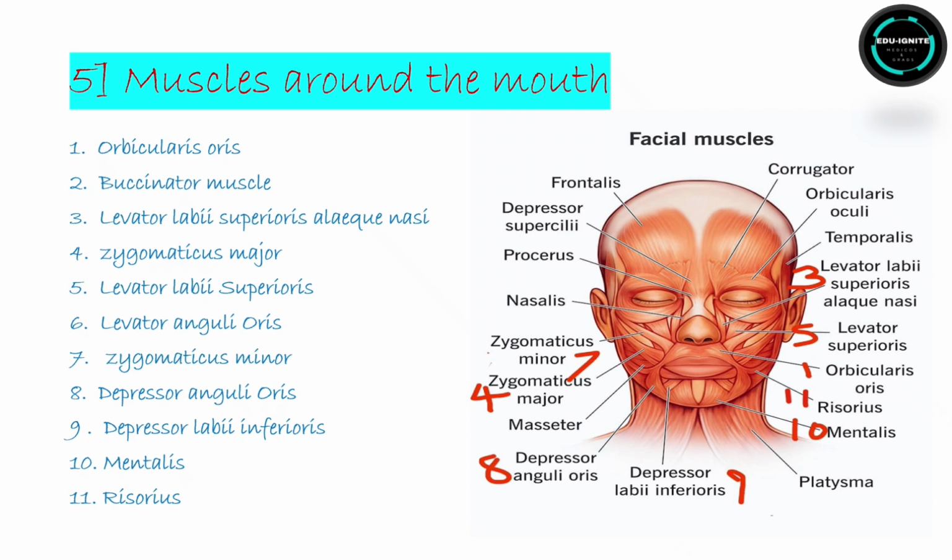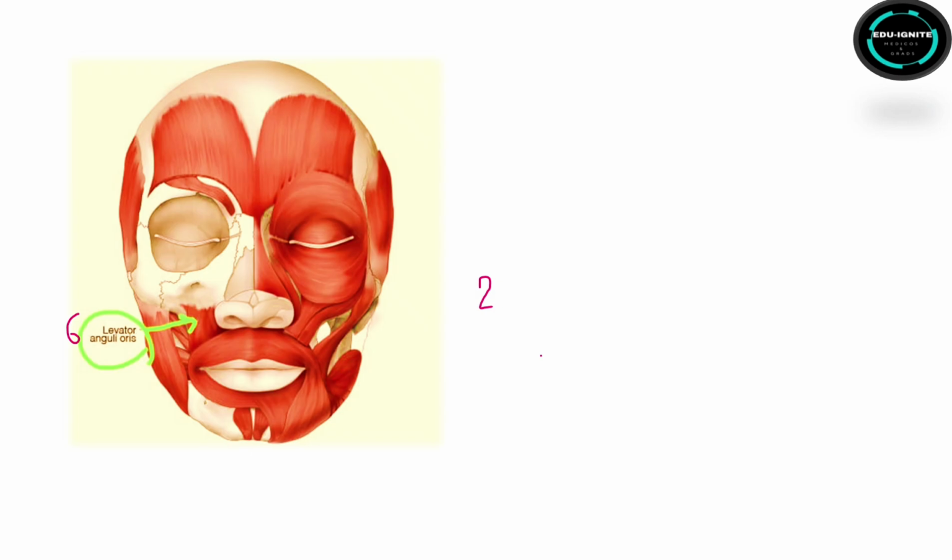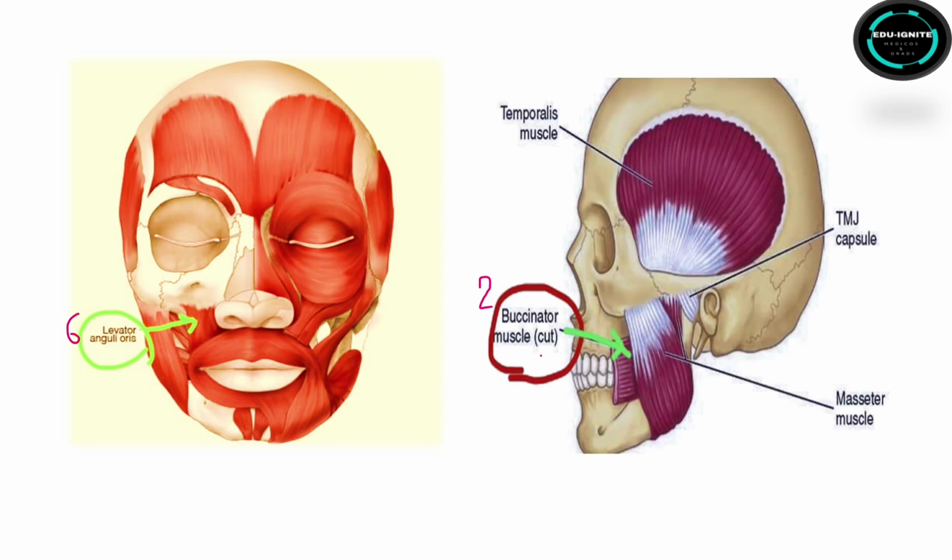In this picture we can see orbicularis oris, levator labii superioris alaeque nasi, risorius muscle, mentalis muscle, depressor labii inferioris, depressor anguli oris, zygomaticus major and zygomaticus minor. This is levator anguli oris muscle and this is buccinator muscle. These are muscles present around the mouth.